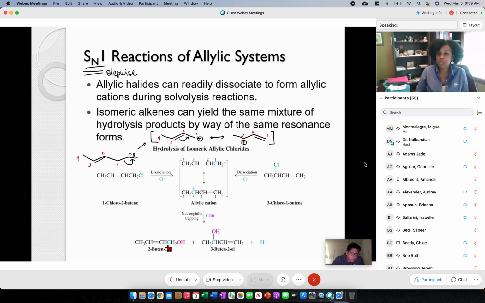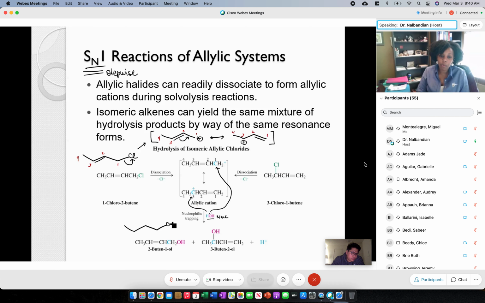So we have these two resonance forms. There are no more resonance forms that we can draw here, but we end up with these two resonance forms where then if the reaction happens at carbon 1, we're adding in water as our nucleophile. So if water attacks, so that oxygen lone pair attacking carbon 1 versus it attacking carbon 3, those are the two different products that we could get.